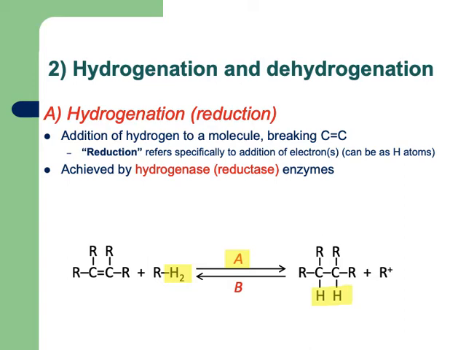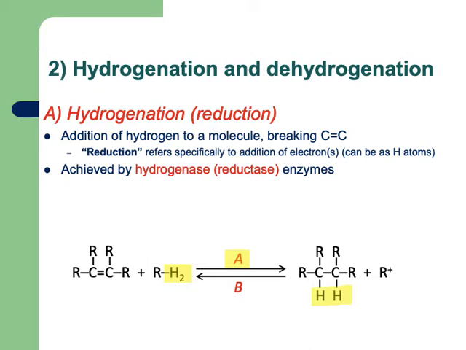So let's look at the reaction down below. We have a molecule that has a carbon-carbon double bond on the far left. That's our reactant. We combine a molecule that's denoted by R. It doesn't matter what it is, but it has two hydrogens bound to it as H2. When we move in this reaction to the right, so we follow the A arrow, we've added these two hydrogens from the R reactant to the carbon-carbon double bond.